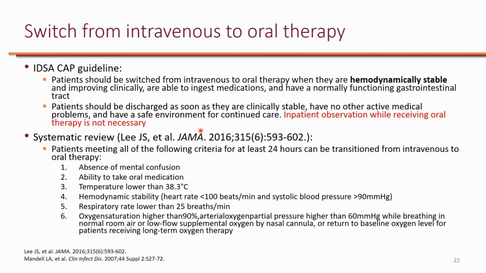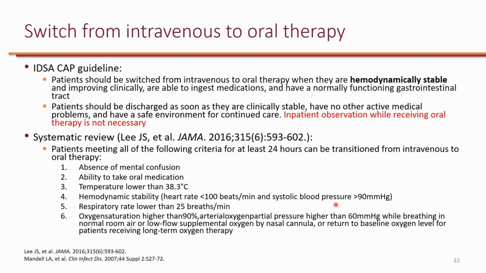Now, there was a systematic review published in JAMA in 2016 that looked at the evidence for criteria helping transition patients from IV to PO. So basically, absence of mental confusion, ability to take oral medications, absence of fever, and hemodynamic stability, which is defined as heart rate less than 100 and systolic blood pressure greater than 90.